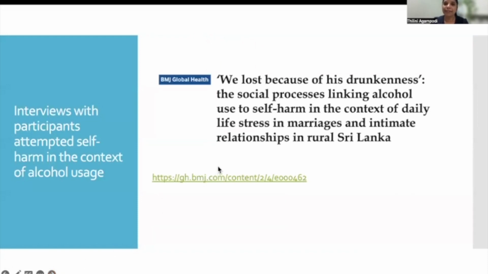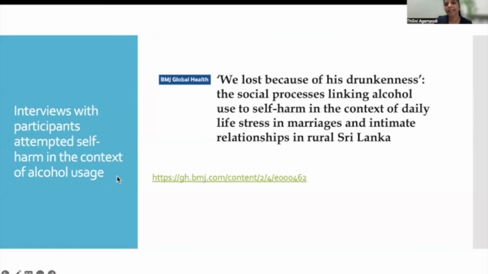This is about life stressors of a rural population in Anuradhapura, which we conducted a few years back, of people who have attempted self-harm and whose households are associated with alcohol usage.